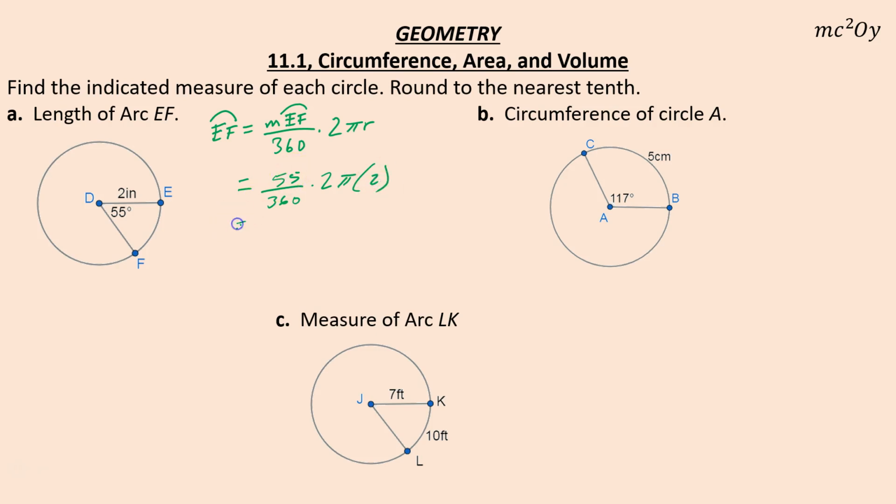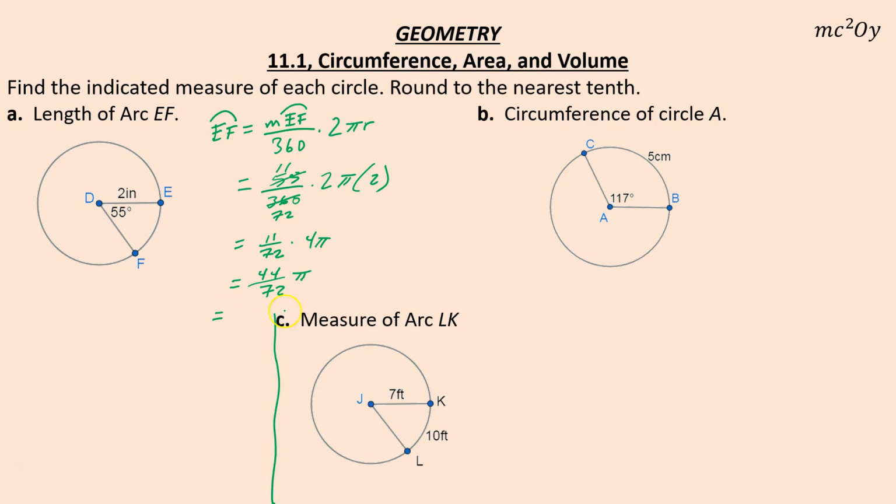So really that's 55 over 360. I'm going to reduce that. Okay, that becomes 11 over 72. I know we don't really have to do that, but I'm going to try to make a point here. 11 over 72 times 2 times 2 times pi is 4 pi. Okay, that means I have 44 over 72, which once again, we can reduce.